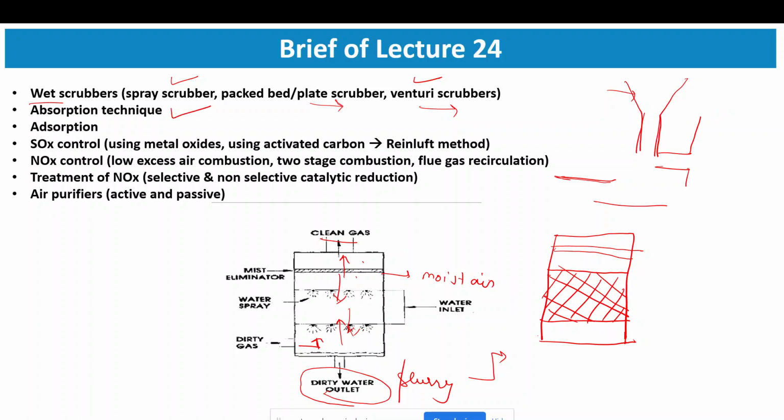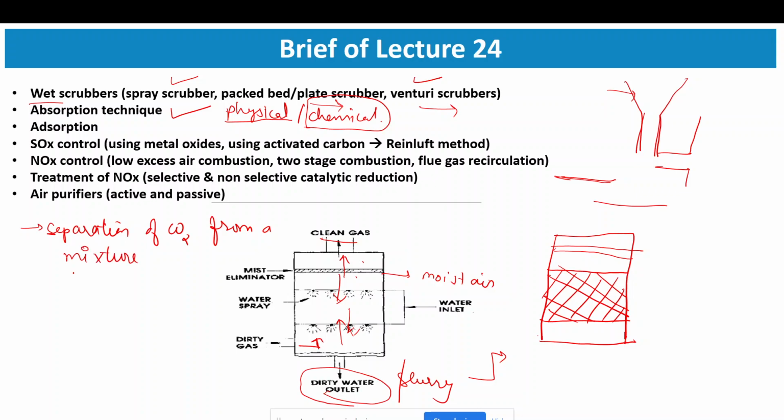Another is the absorption technique. Absorption can be physical absorption or chemical absorption. Physical absorption will usually just dissolve the gas, and in chemical absorption, you will have a reaction taking place. For chemical absorption, one of the most common examples is separation of CO2 from a mixture.